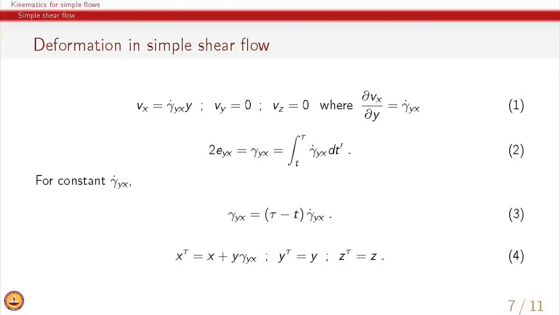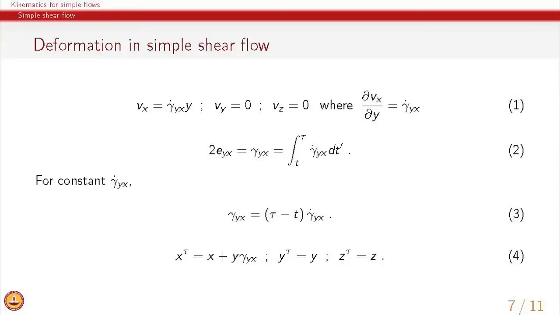we have the intuitive deformation that we have already studied earlier, and in this case that deformation happens to be shear strain gamma yx. This shear strain and its derivative can be expressed in several different ways, and so it is a derivative of Eyx, where E is the infinitesimal strain tensor.